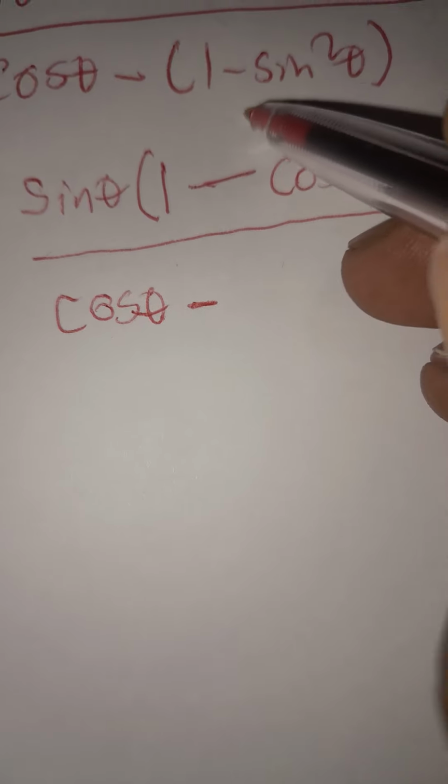So let's work with the denominator now. Cos theta. Oh, we have an identity. Remember that this identity comes from sine squared theta plus cos squared theta, which is equal to 1.